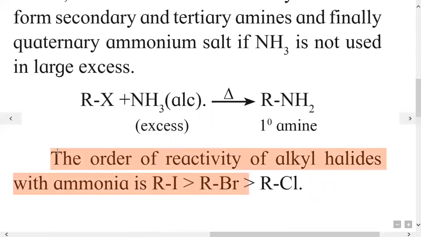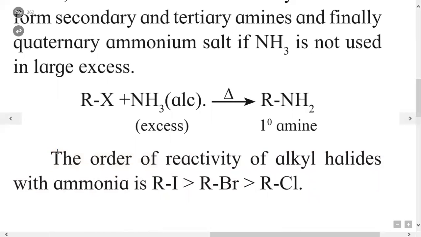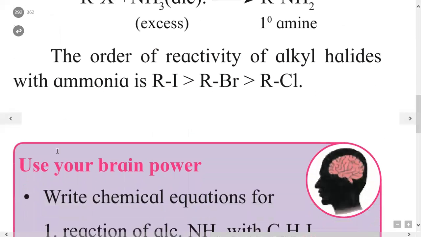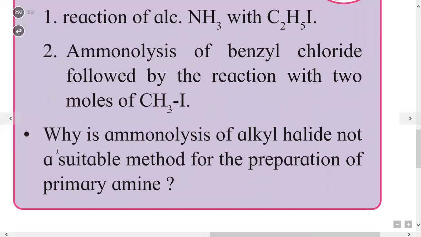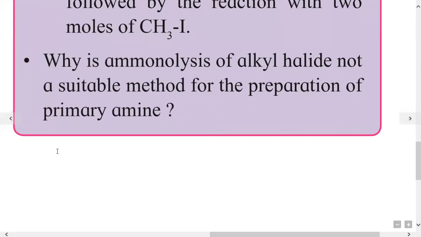The order of reactivity of alkyl halide with ammonia is in this order. Alkyl iodide reacts faster than bromide than chloride, that is RI greater than RBr greater than RCl. This is the order of reactivity of these alkyl halides.